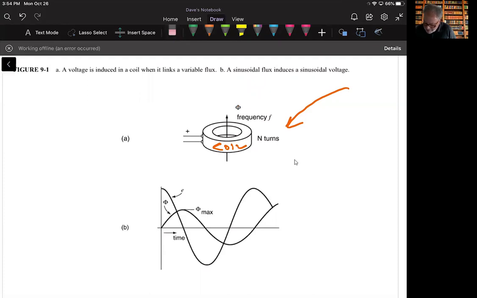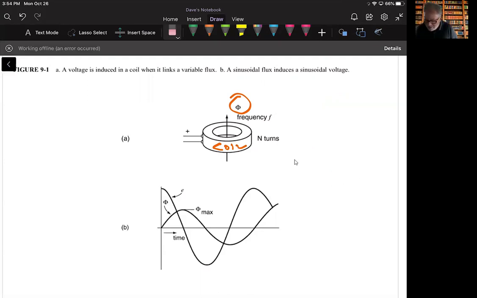I want you to understand that this flux is varying sinusoidally. It has positive and negative peaks, and this coil surrounds this changing flux.